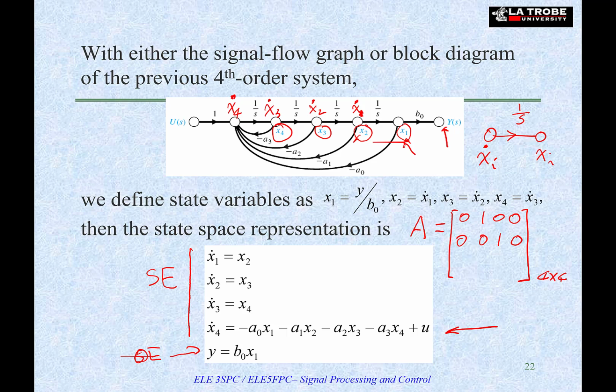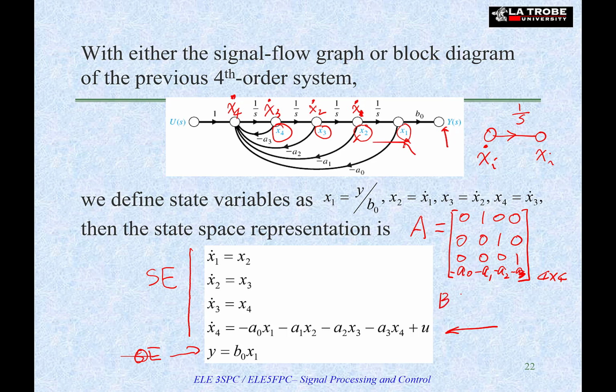The third row of matrix A comes from the third equation of SE. And the last row of matrix A comes from the fourth equation of SE. Again, when you write these elements in matrix A, you should have a good knowledge about matrix theory.